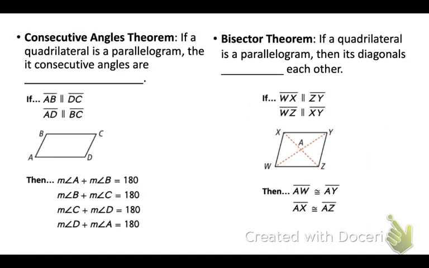Okay, so consecutive angles theorem. Consecutive angles mean right next to each other, there is one side that touches both angles, correct? If a quadrilateral is a parallelogram, so if it has four sides and it tells me it's a parallelogram because it has two sets of parallel sides, this applies. The consecutive angles are supplementary.